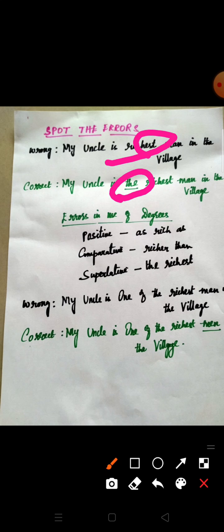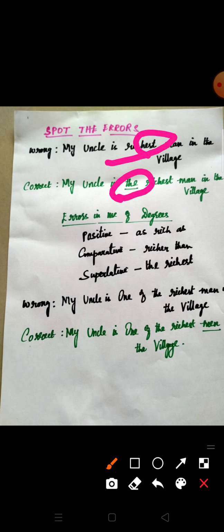This means many rich persons are in the village. Among them my uncle is one of them. There are many rich people, and my uncle is one of them.